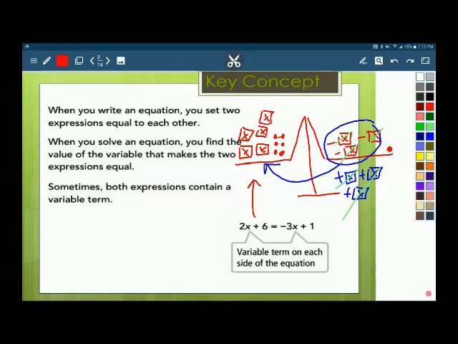So it'd still be balanced if you just added the opposite of what is there. So now this expression becomes 5x plus 6 is equal to 1. And just by going for the x's first and bringing one of the two to the opposite side, you create a two-step equation, which we practiced yesterday.